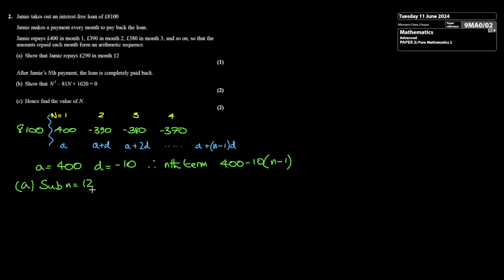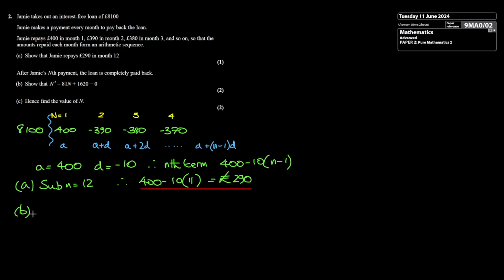So to answer part A, all we've got to do is substitute n is equal to 12, and therefore the amount involved is 400 minus 10 multiplied by 11. And if you work that out, that does indeed come to £290. And the answer to part A.